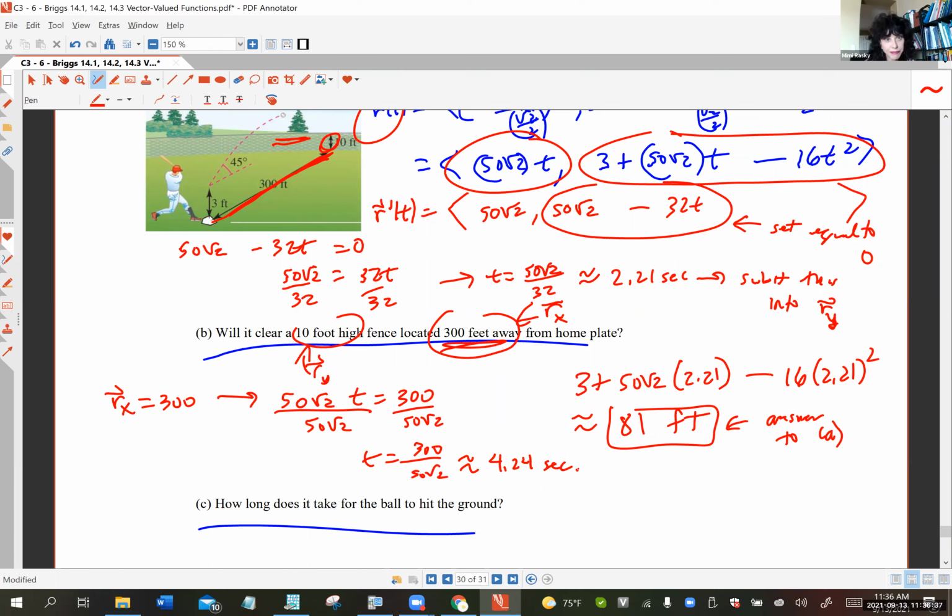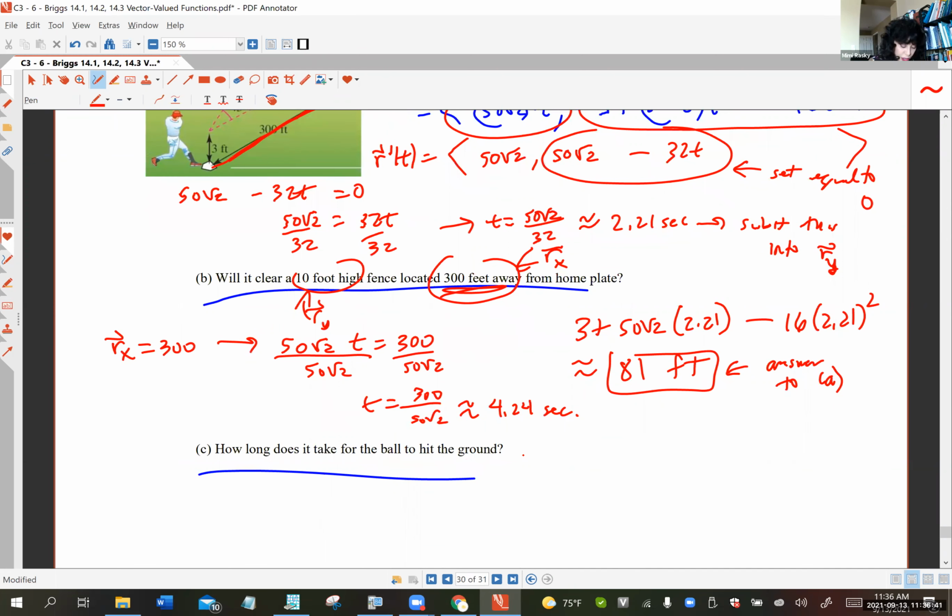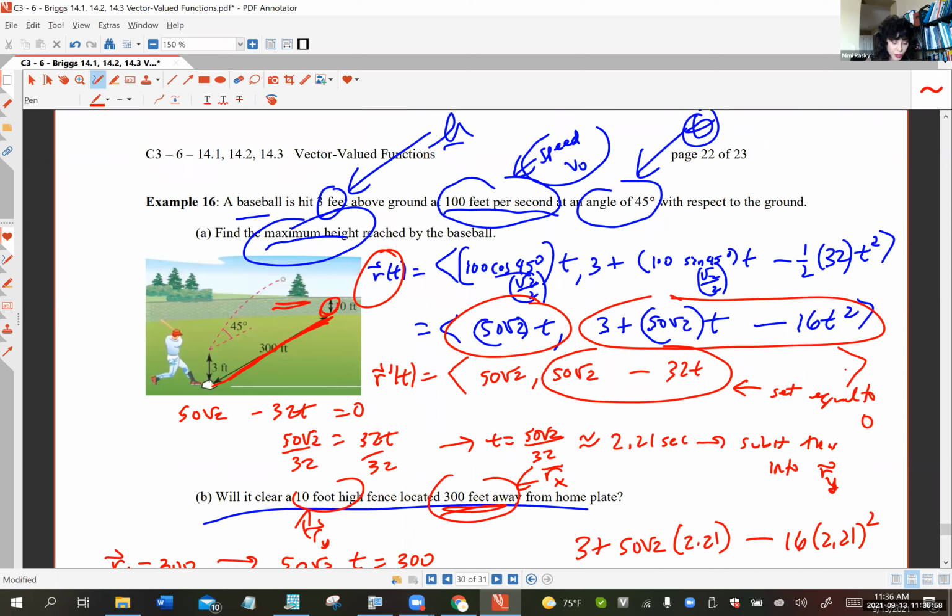That's not the answer. Your Ry is your vertical height. So you're going to substitute time t equals 4.24 seconds into the vertical component of your position function, which is this big old sum right here.